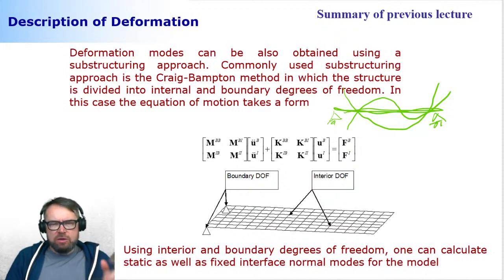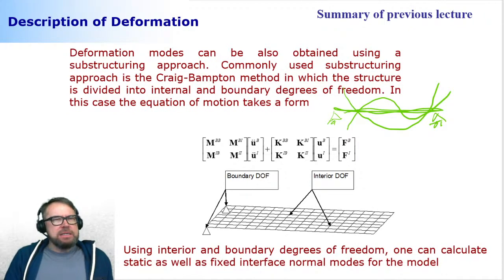One is called boundary degrees of freedom, and the others, which are away from the boundary degrees of freedom, are considered interior degrees of freedom. That's the selection you need to make. You simply need to select which are the boundary degrees of freedom. With those, you will get some local information concerning that particular location of your structure.